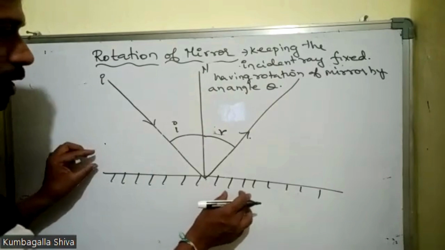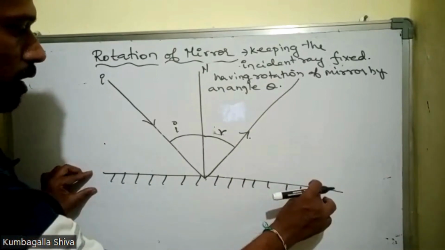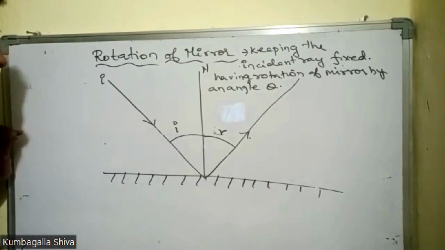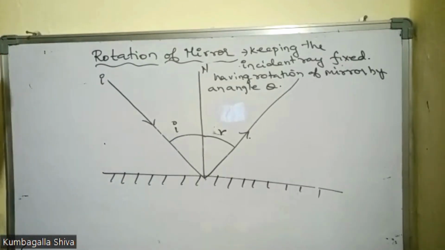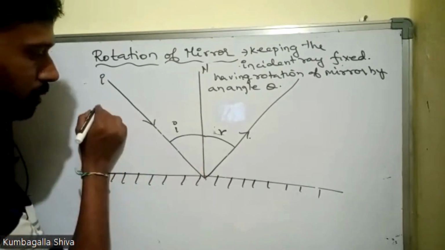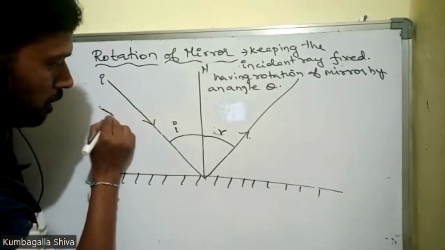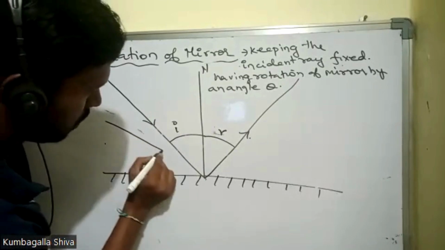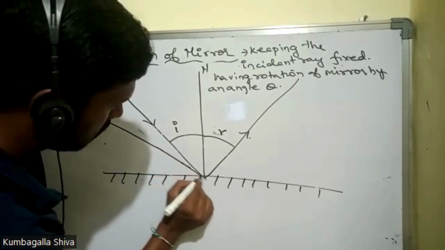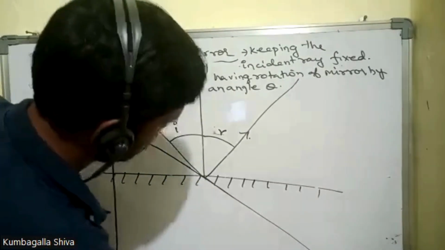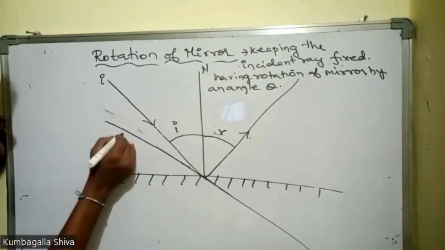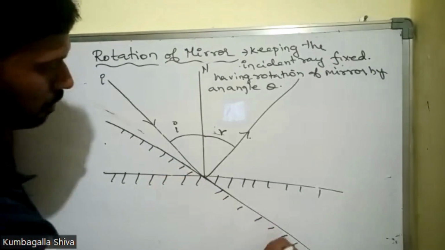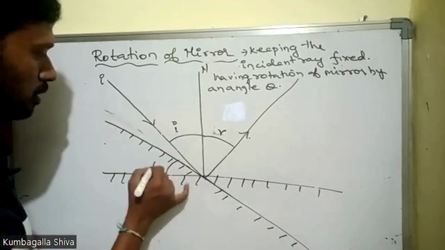Now what do I do here is I take this mirror and rotate it this side. What will I get? Okay, I rotate. Now this is angle theta.